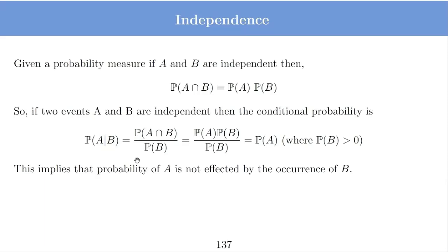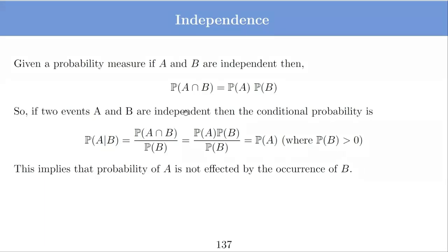Conditioning with B does not change the probability of A. That is why they are called independent: when you condition that B has occurred and then ask what is the probability of A occurring, it is the same as if you had not conditioned. So both are valid formulas.